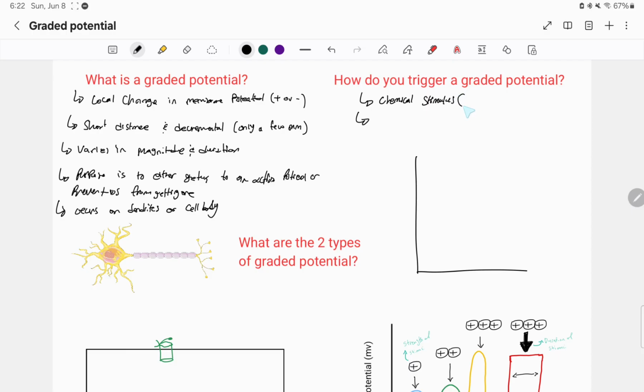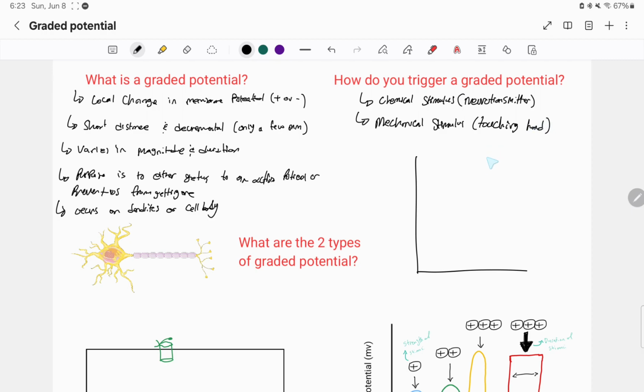The chemical stimulus requires something called a neurotransmitter, which is the chemical. That's what we'll be talking a lot about in these next series of videos. But do realize that they can also be triggered by a mechanical stimulus, for example, by touching a hand.